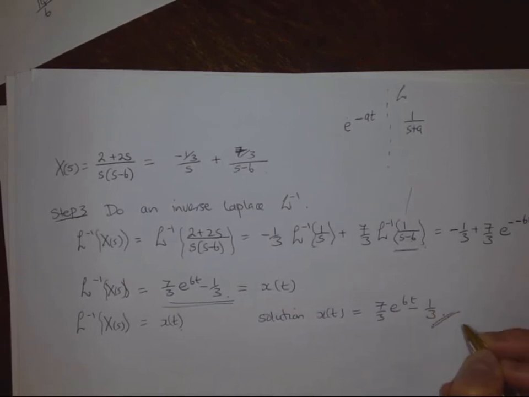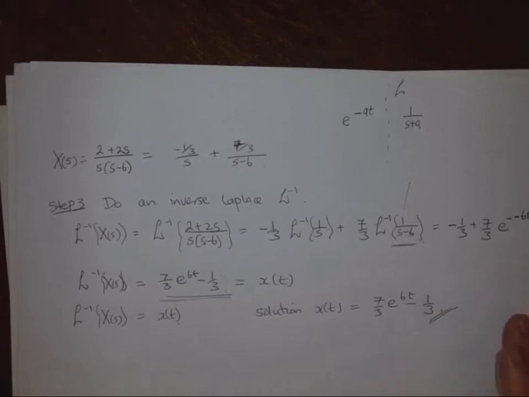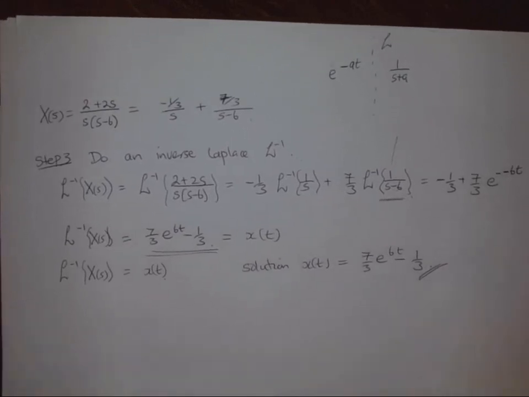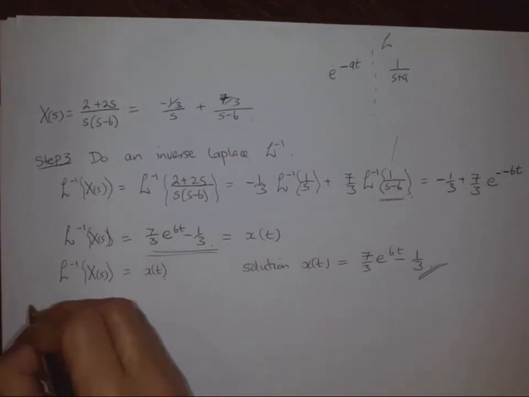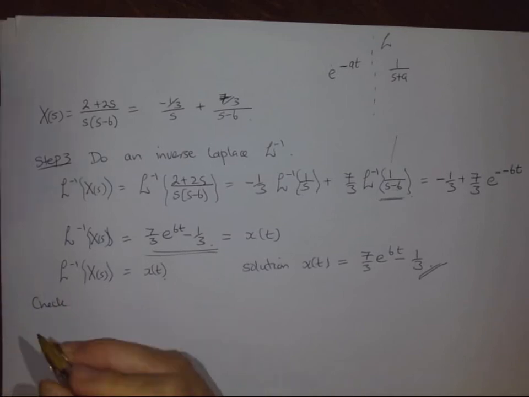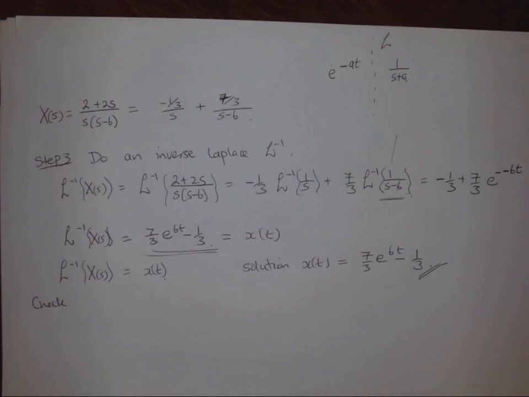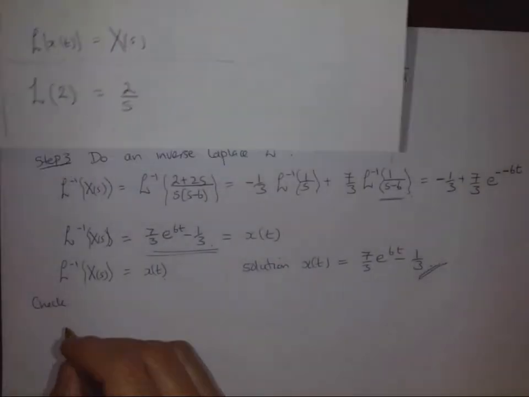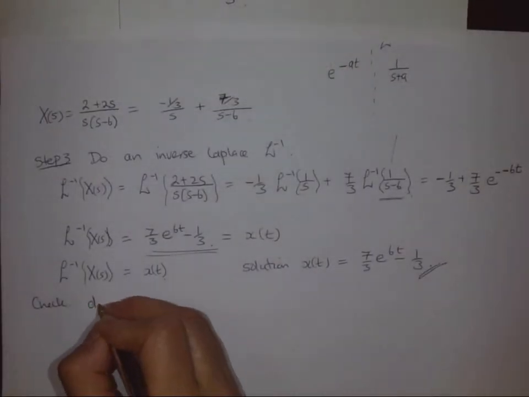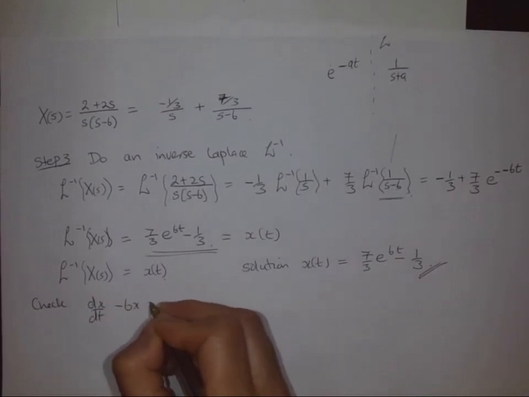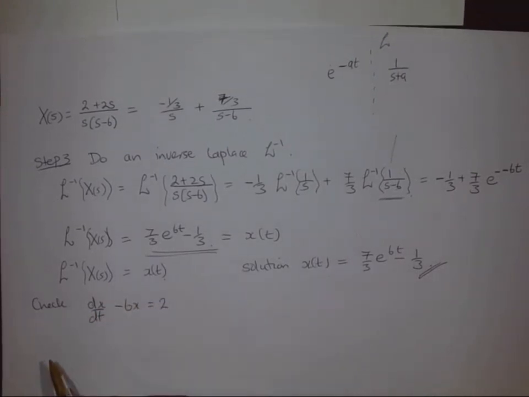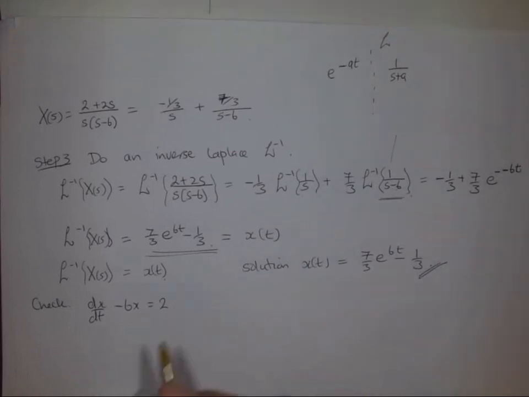That's the end of the question, but if you do want, you could check it. So if we go back to the original formula in the question, which was dx/dt minus 6x equals 2, let's just put in the value we get for x of t and see if that works out.